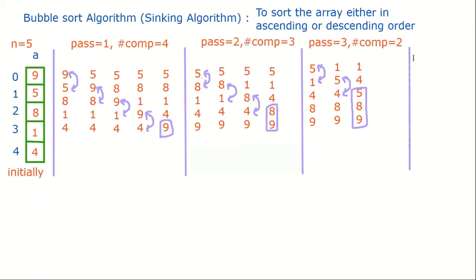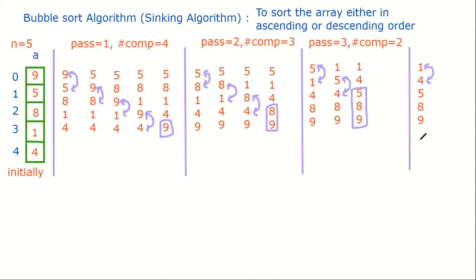The input elements will be 1, 4, 5, 8 and 9. Here the last three elements are already in their positions. Comparison should be made only between the first two elements. So let us compare 1 and 4, and they need not be swapped because 1 and 4 are already in ascending order.